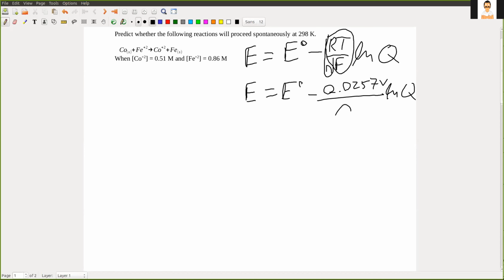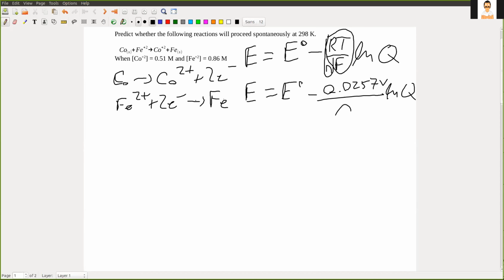Once we have that simplification, we can look at our reaction and break it up into two half reactions. The anode is cobalt going to cobalt 2+ plus 2 electrons, and our cathode is iron 2+ plus 2 electrons going to iron solid.